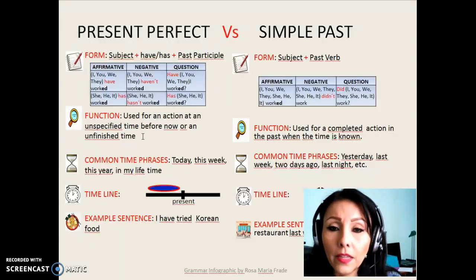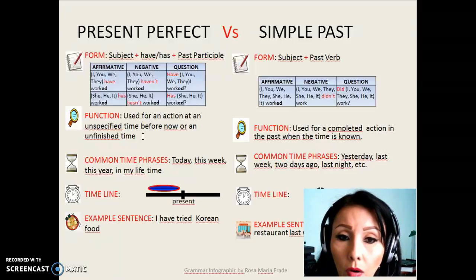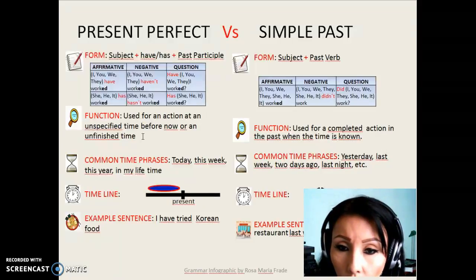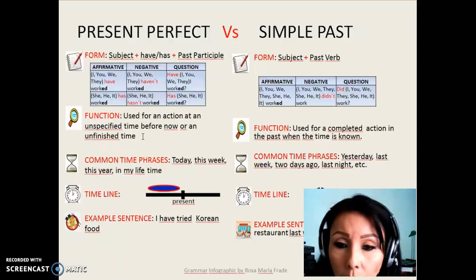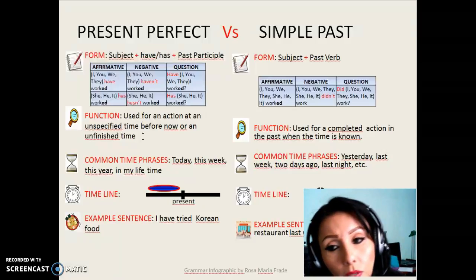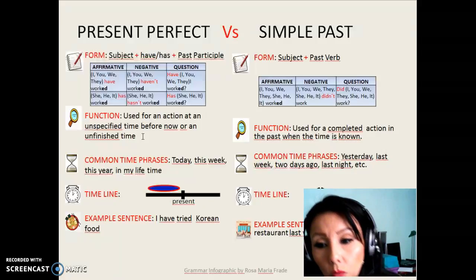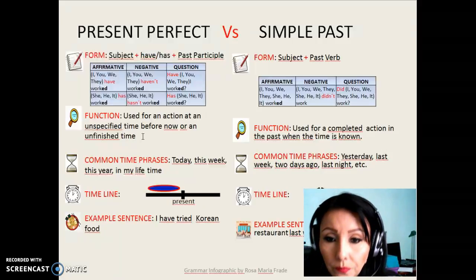The idea is that the students understand that with present perfect, the action happened at an unspecified time before or in an unfinished time. I mean, we don't know exactly when the action happened. On the contrary, with simple past, we know exactly when the action happened.